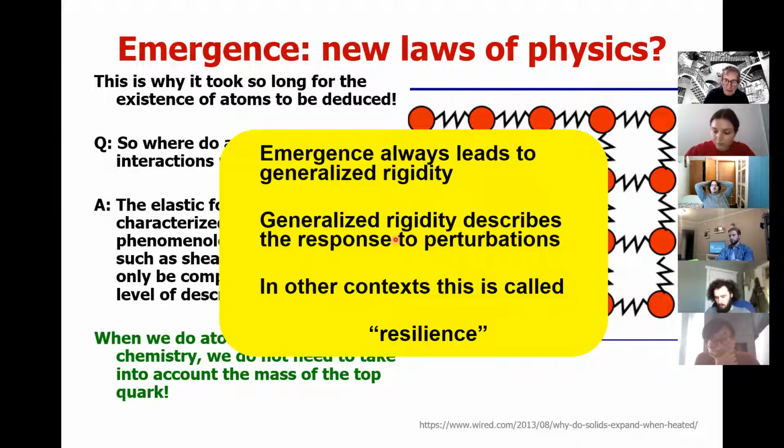In biological systems, this rigidity has another name. It's sometimes called resilience. So just fantasizing for a moment, let's suppose we had an understanding of how it is that I can have a bunch of people, or a bunch of insects, or social insects, or a bunch of bacteria, and they all exhibit collective phenomena. They flock, they swarm, they vote the same way as their friends, whatever it may be. They have some kind of collective behavior. That collective behavior should be quantified by being able to say, well, what is it that holds them together?